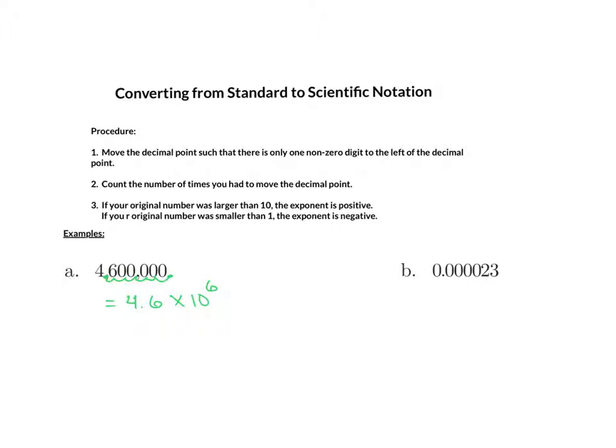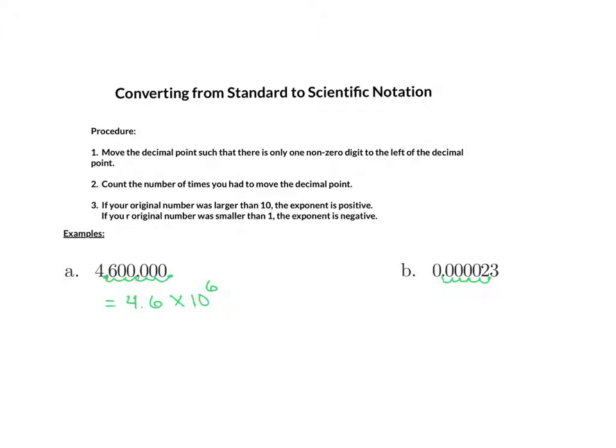For example B, what do we have to do? Where are we aiming for? And so on this one, we are aiming between the 2 and the 3. We would have one digit in front of our decimal point. So how many spaces do we have to move in order to get there? 1, 2, 3, 4, 5 spaces.